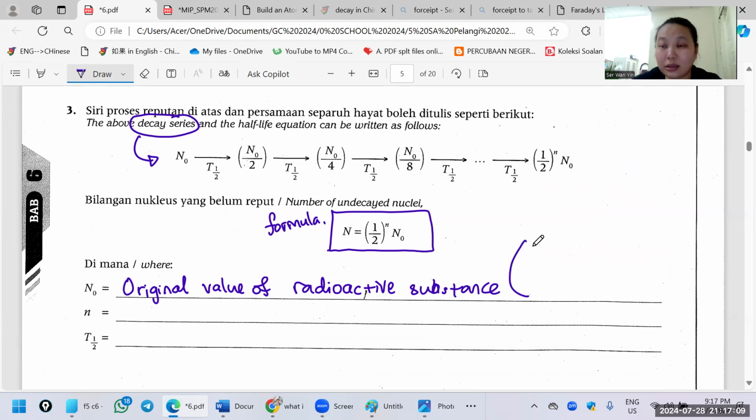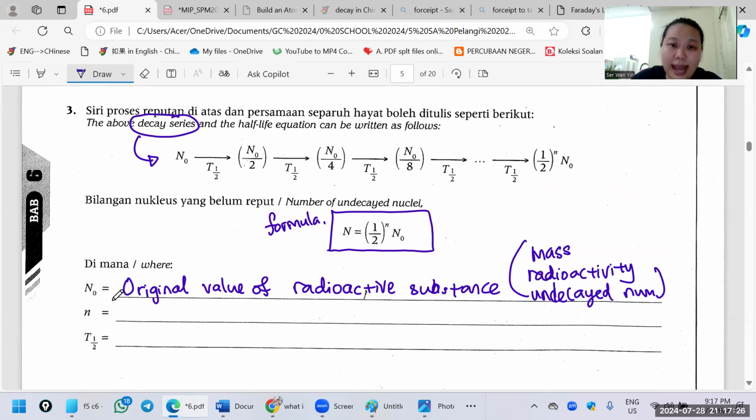Means like just now the mass, the radioactivity, the undecayed number. Then n is the number of half-lives.